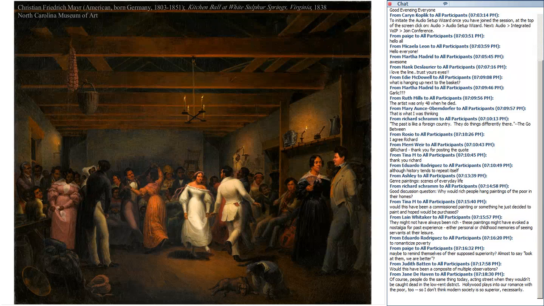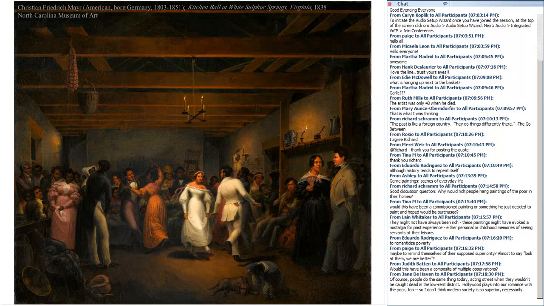Some are pudgy, some are thin, some are fair-skinned, some are dark-skinned, and the many different kinds of interactions among them indicate an artist who is observing very carefully the human interactions of this community.